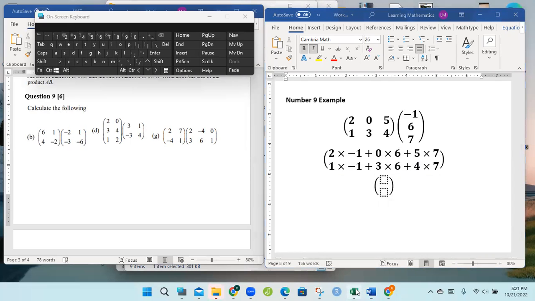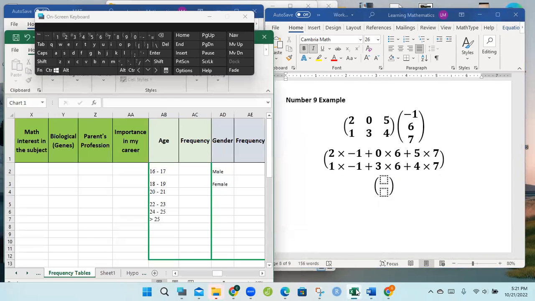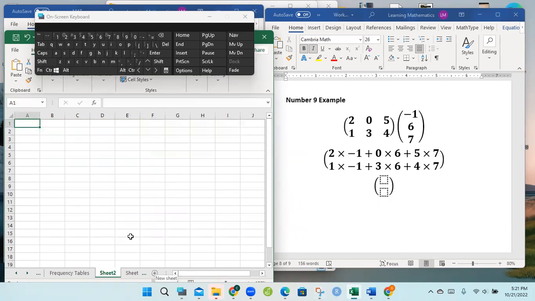So you can use your calculator. Remember, in this course you can use a calculator. Sometimes I use Excel as my calculator. If you're using Excel as a calculator, just type equal in any cell. So it's 2 times negative 1 plus 0 times 6 plus 5 times 7. Enter. So that's 23.